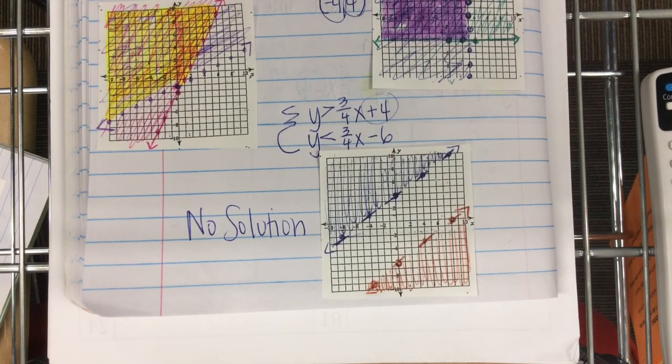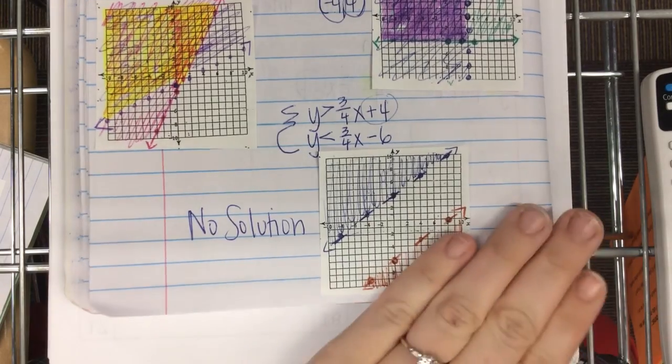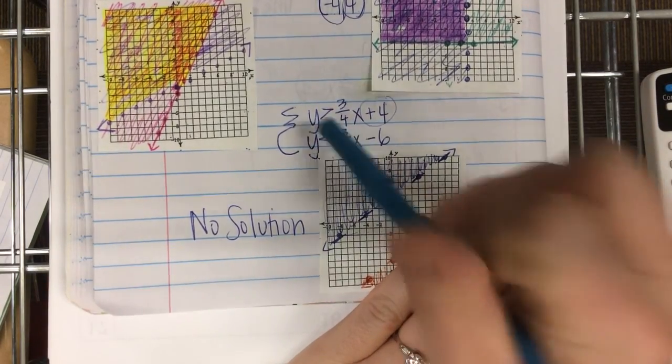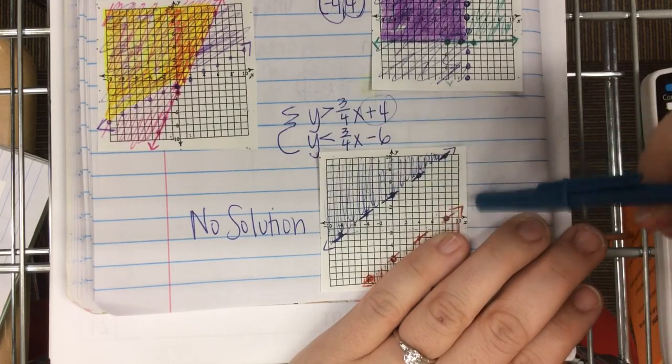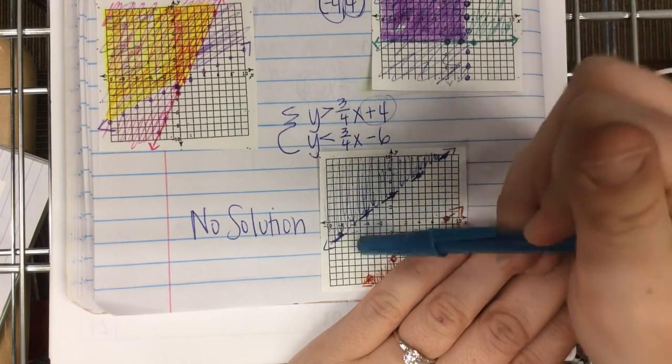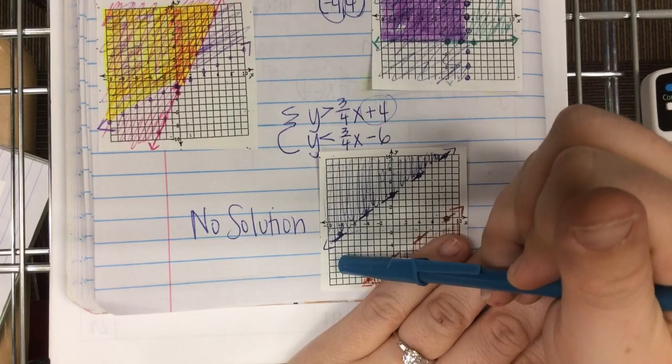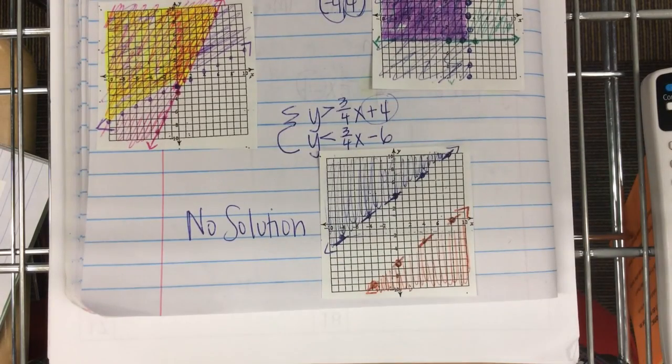So parallel lines are going to be a key to you. Sometimes parallel lines have solutions though. Like this one, instead of it being less than, I could have shaded above this, and then it would have had double shaded areas. But parallel lines are going to be a clue to you that there might be something fishy going on.